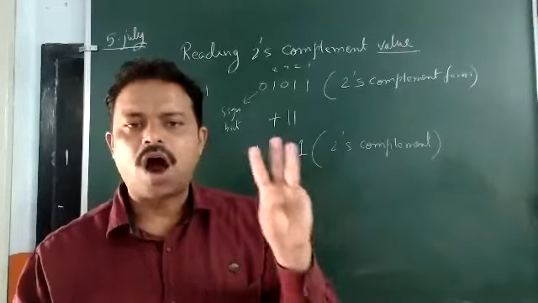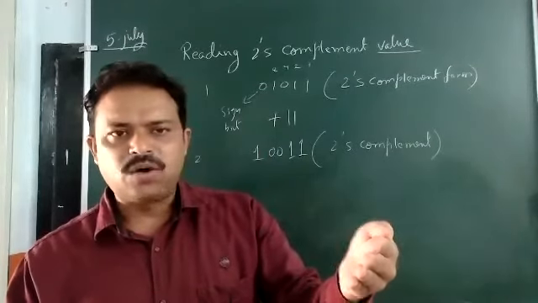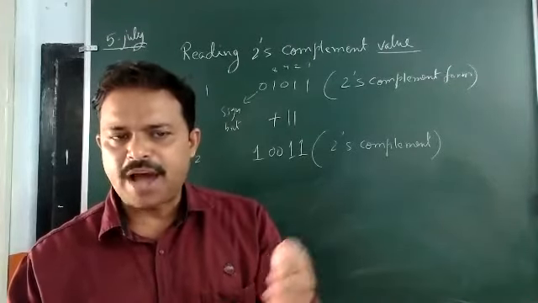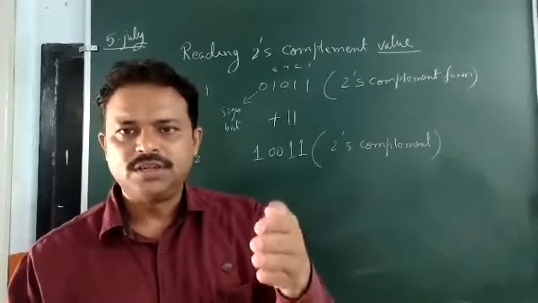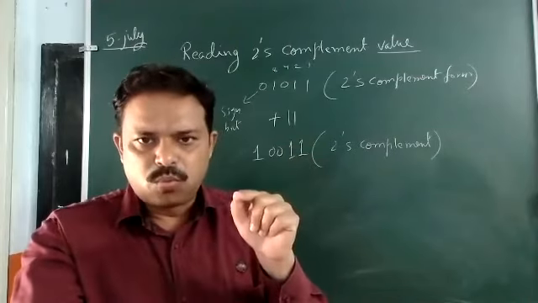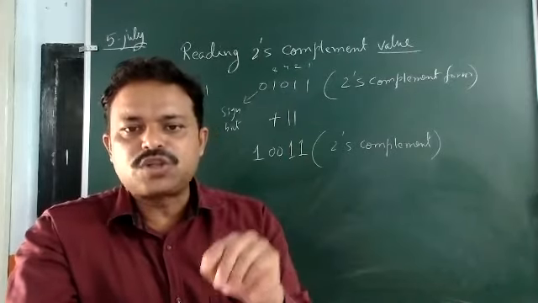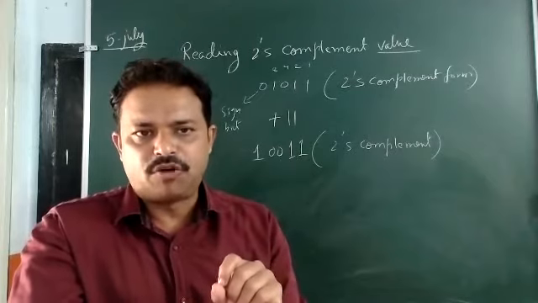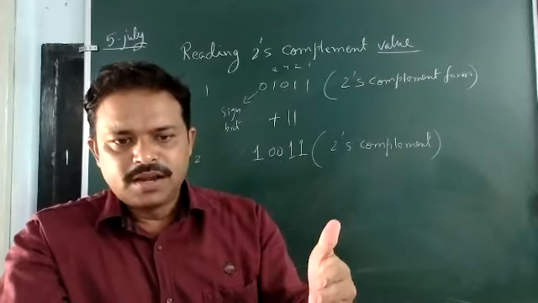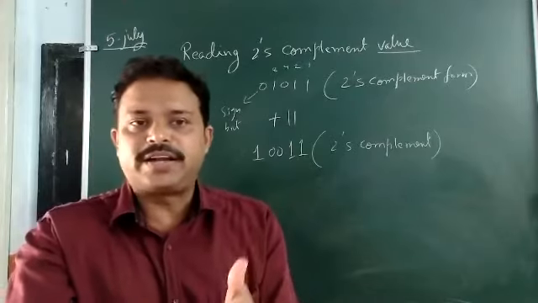Out of the three methods, one method is that we take the 1's complement, and after taking the 1's complement, we add plus 1 to get the 2's complement form. Just look at the previous discussion.